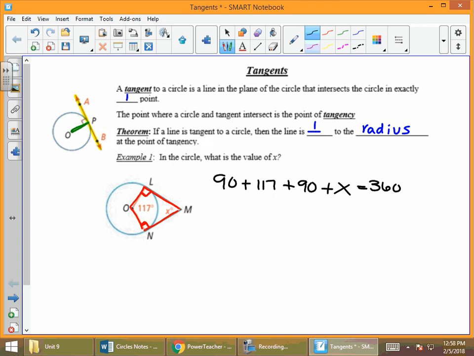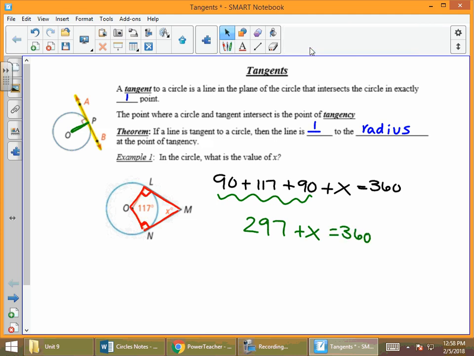Just like we would have done with a triangle, but instead of saying 180, we would say 360 because it's a quadrilateral. Okay. Combine your like terms, what do we get when we do 90 plus 90 plus 117? 297. Plus x equals 360. Move the 297 over, and what does x end up equaling?